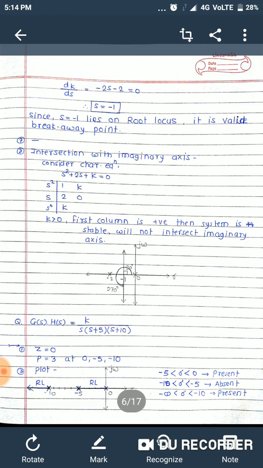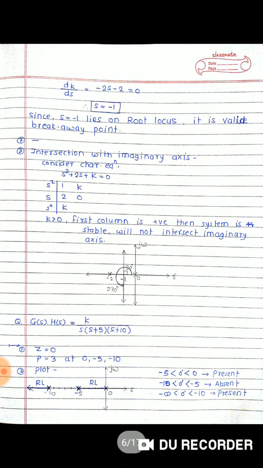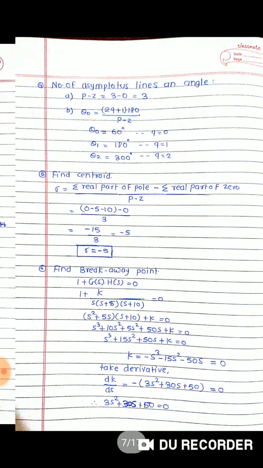Therefore the root locus is between 0 and minus 5, and from minus 10 onwards to infinity, so two root loci are present for this example. The root locus is present for minus 5 less than sigma less than 0, absent from minus 5 to minus 10, and present from minus 10 to infinity.